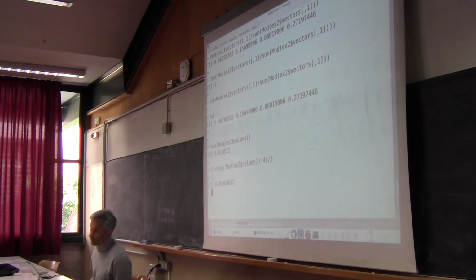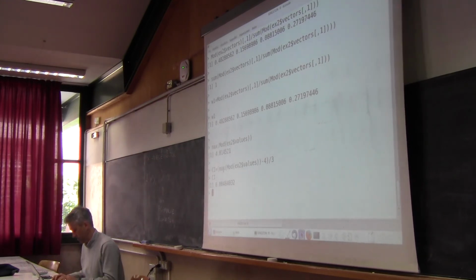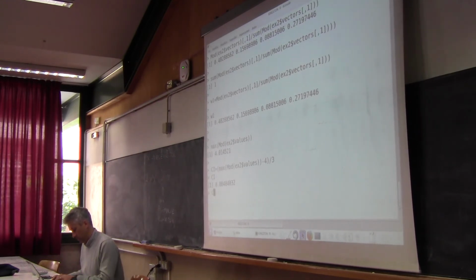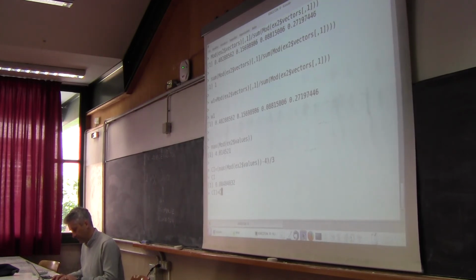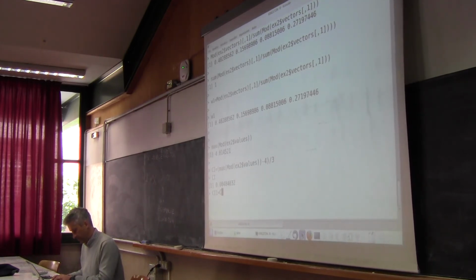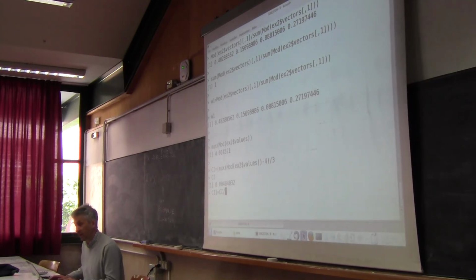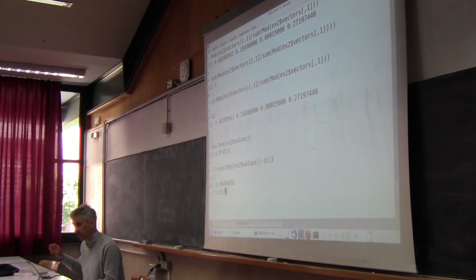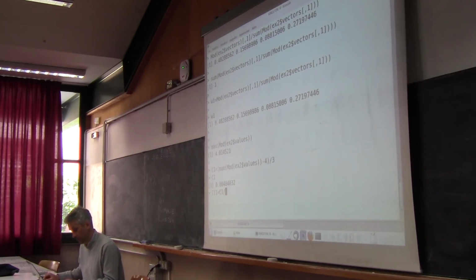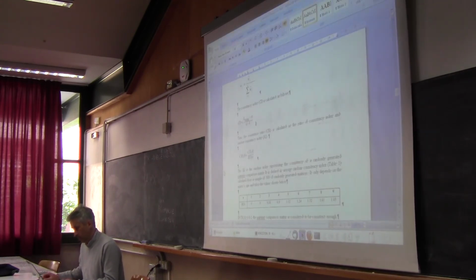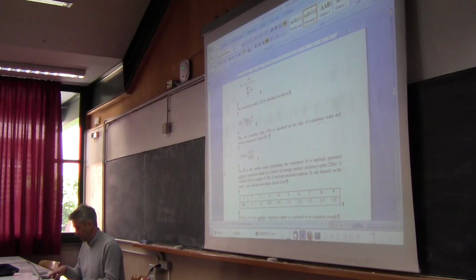And now I have to divide the CI by CR for a matrix whose dimension is 4. I go back to the table to pick up this value. The value is 0.9.